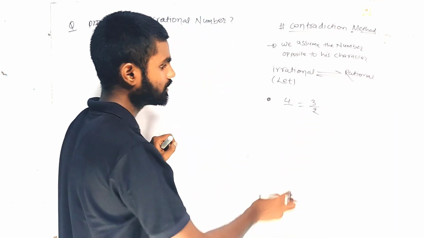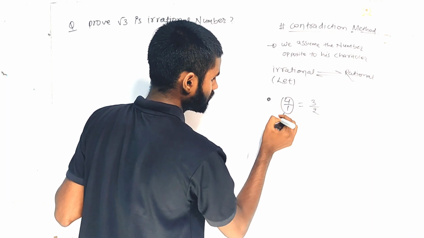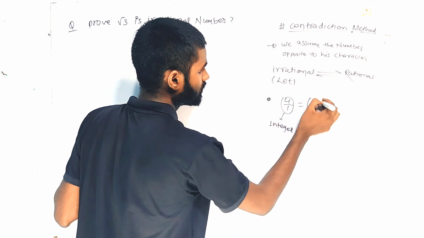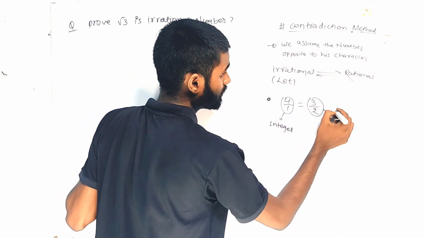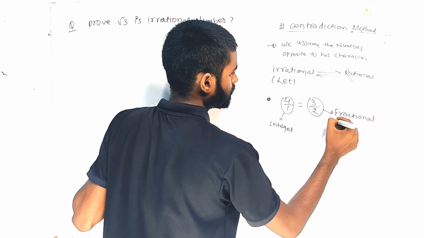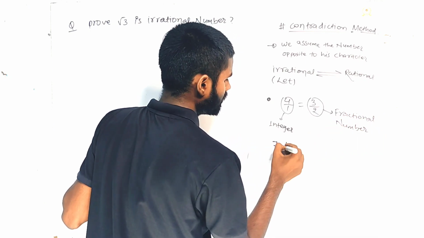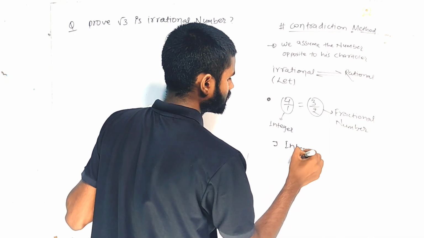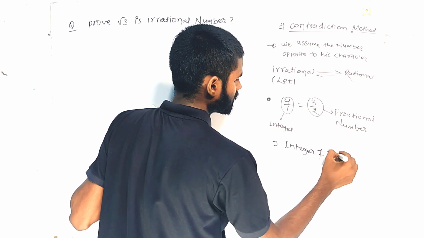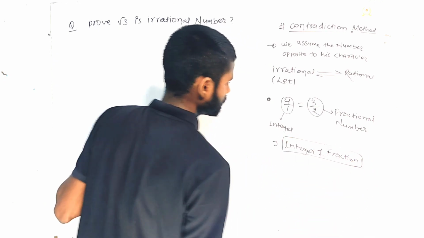Okay, and see, this number and this number are not the same. Why? Because this number is an integer, and this is a rational number, a fractional number, sorry, from my side. So guys, an integer will never be equal to a fraction. Hope you are getting my point.